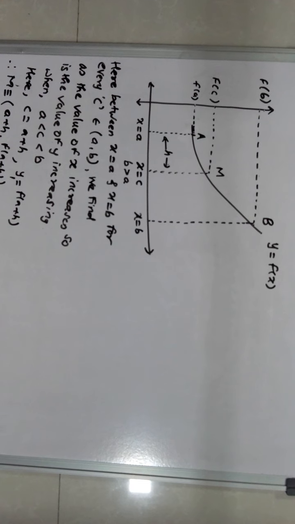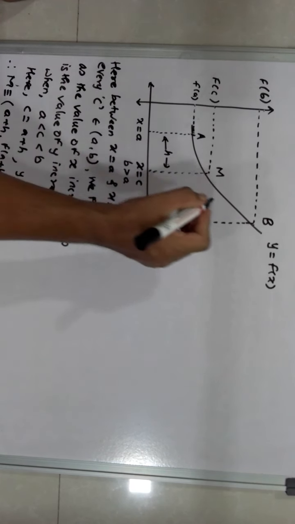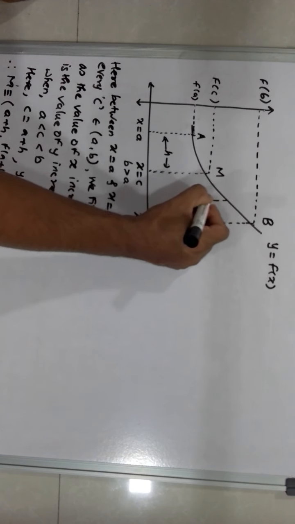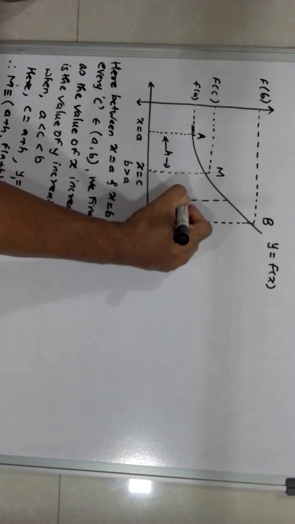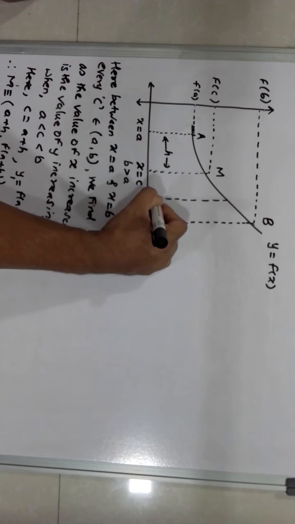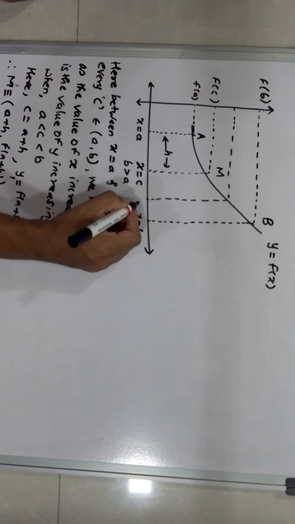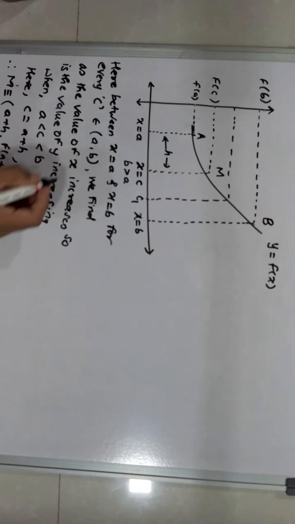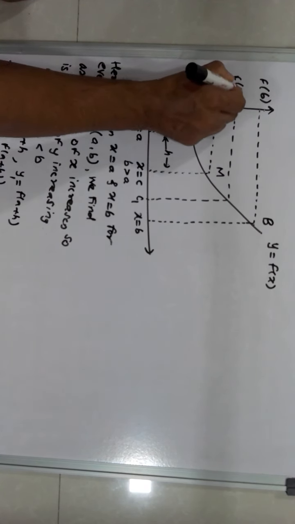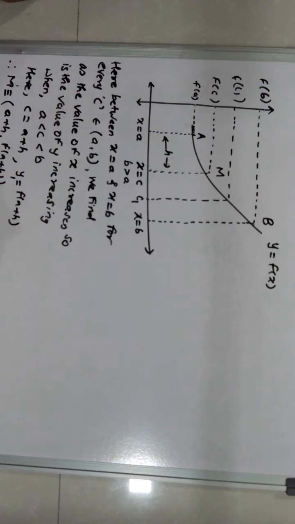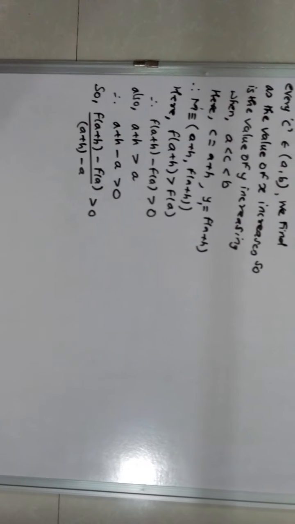Now suppose I am taking one more point over here. I wanted to take on both sides, but it is not possible, so I am taking only to the right side of C. Now I have another point C1, so this is function of C1, and on the left side, which I am not having, let it be C0. There are 2 points now here.